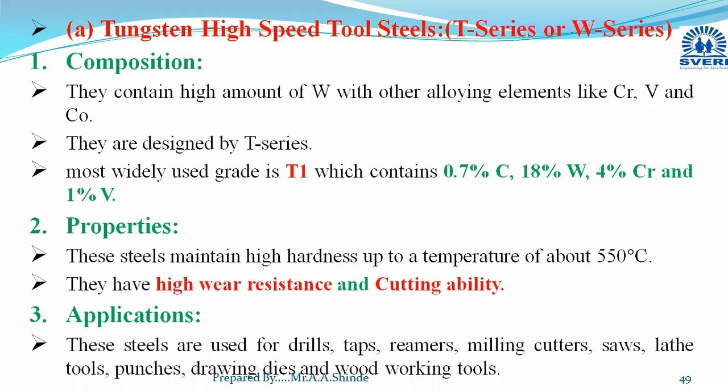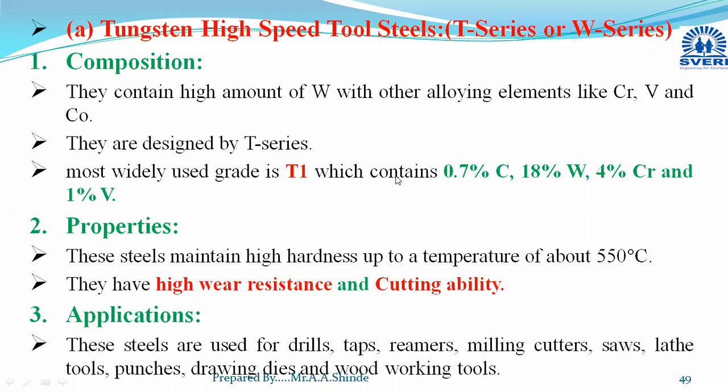For example, here I have highlighted one high speed tool steel grade, T1, which contains 0.7% carbon, 18% tungsten, 4% chromium, and 1% vanadium. You can give the composition like this: high carbon steels with a high amount of tungsten and a very small quantity of other alloying elements like chromium, vanadium, and cobalt.